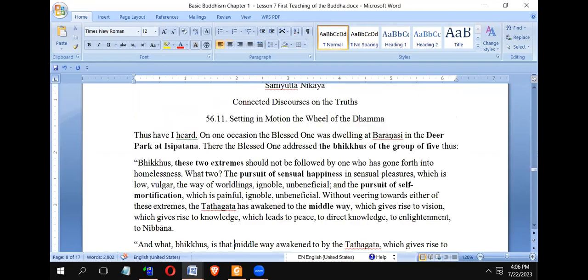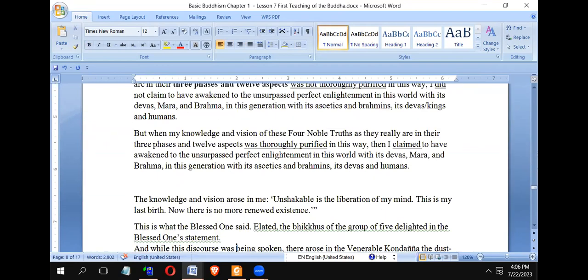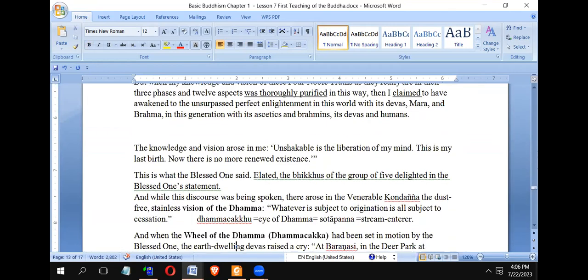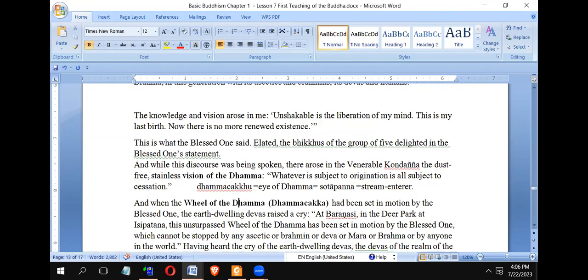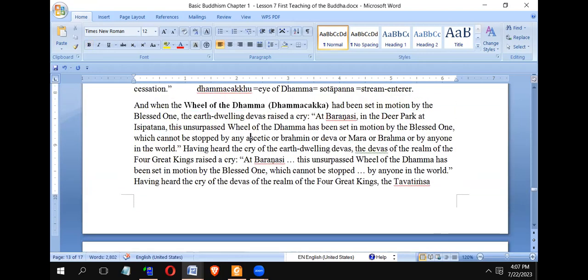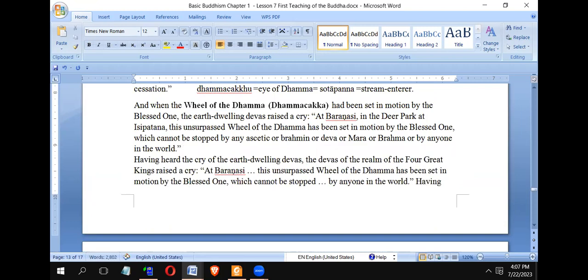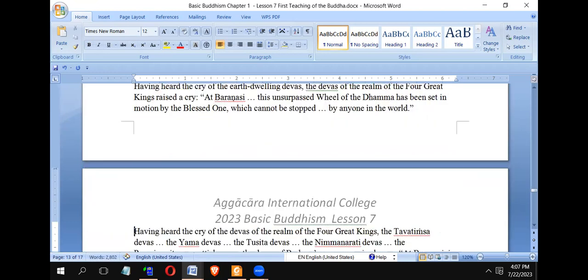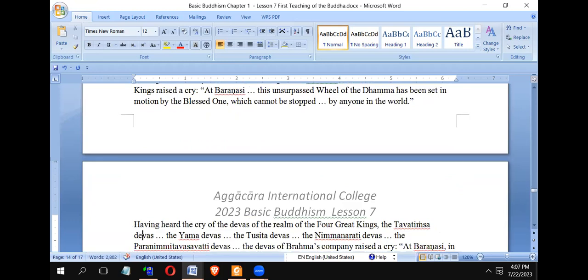That's why the Pali straight away uses the word Dhammacakka, and in English we still use the word Dhammacakka. The wheel of Dhamma has been set in motion by the Blessed One. Then the earth Devas raised the cry. After hearing the earth Devas, then the Four Great Kings, then it went from one plane to another: the Tavatimsa, Yama, Tusita, Nimmanarati, Paranimmitavasavatti.